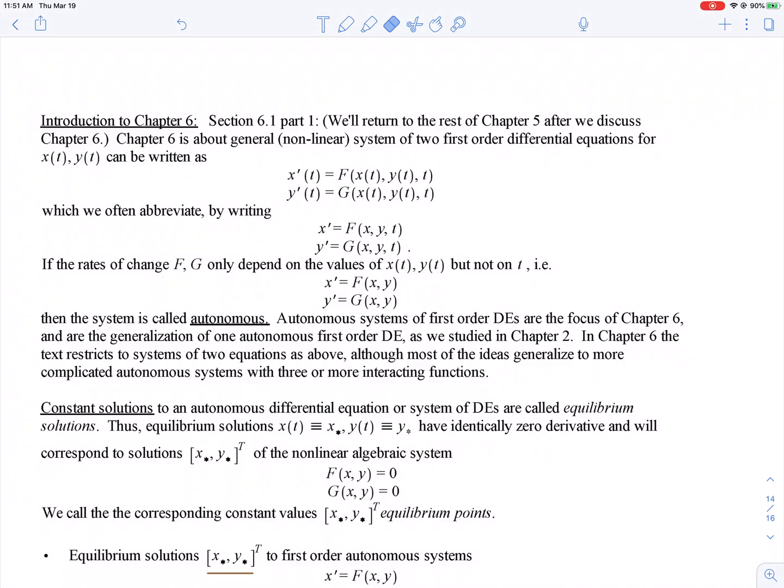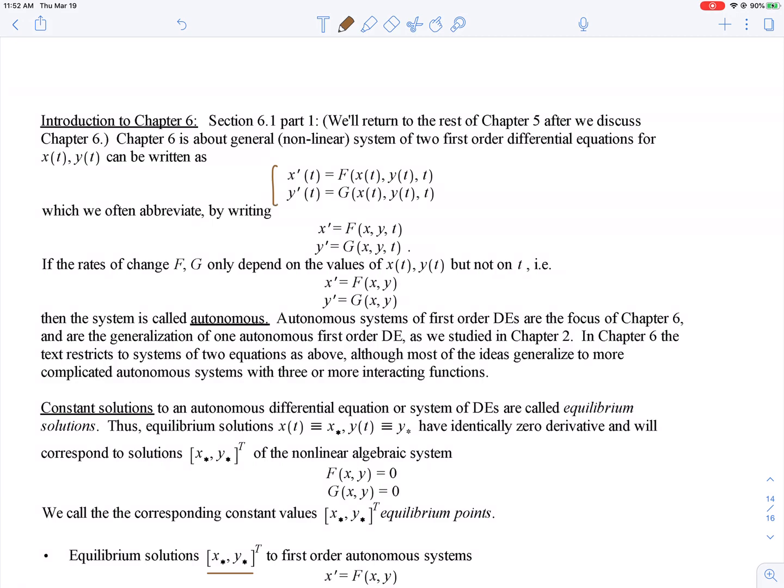Hi, in this video we are going to start chapter 6 of Edwards and Penney, and chapter 6 is about systems of two first-order differential equations, say for functions x of t, y of t.